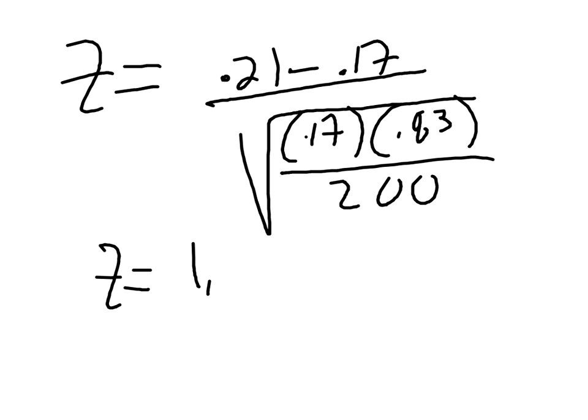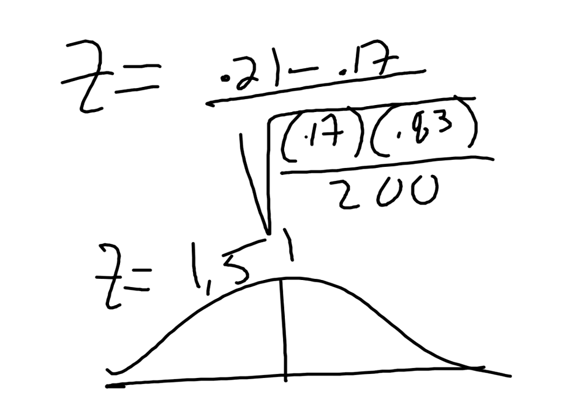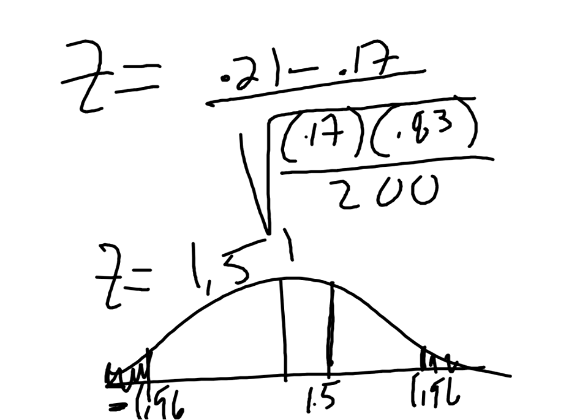Anyway, the z they got is 1.51, and of course, going to what we just showed a second ago, let's say 1.51 would be about right there. 1.51 is not in the critical region. Or said differently, 1.51 is not bigger than 1.96, so we will not reject the null hypothesis.